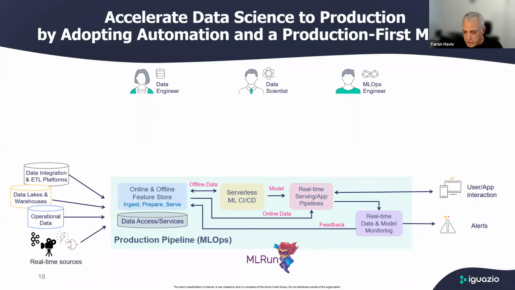If data engineers like to work with BI tools or SQL, that's another option. And if you want to work with Kubernetes and Kubernetes assets as a DevOps or MLOps engineer, that's okay as well. You all need to work on one platform, and you need to apply automation to deliver the different components into production. So within MLRun, what we did, we divided the functionality to 4 main categories.